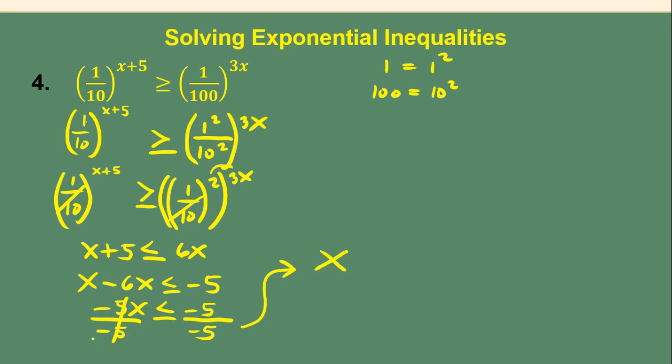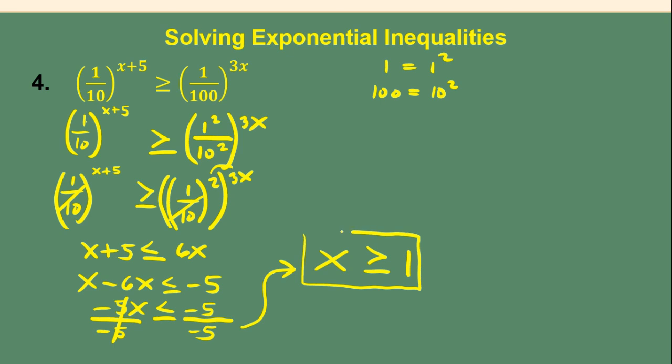Again, if we divide both sides of our inequality by a negative number, then reverse the inequality symbol. So now we reverse again the inequality symbol from less than or equal to going to greater than or equal to. Negative 5 over negative 5 is positive 1.